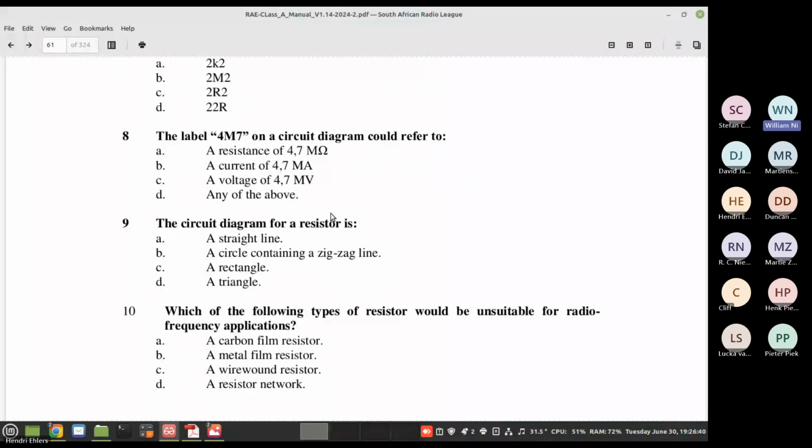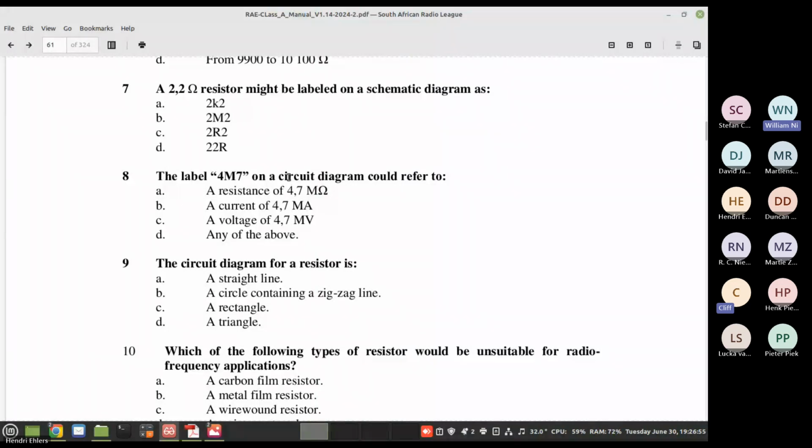But if you look at the example where they give 1.5 meg ohm, then they write that as 1M5. So my understanding would be to take that and say 4.7 meg ohm. If somebody tells me I'm looking for 4M7, if the guy's got that written down on his paper and gives it to me, I'm most definitely going to give him a resistor.